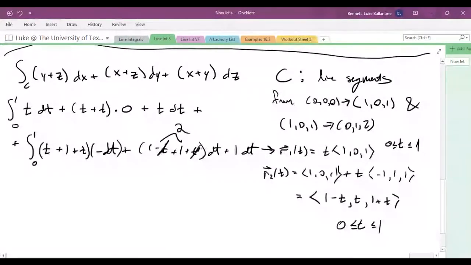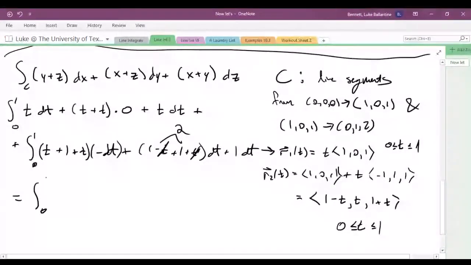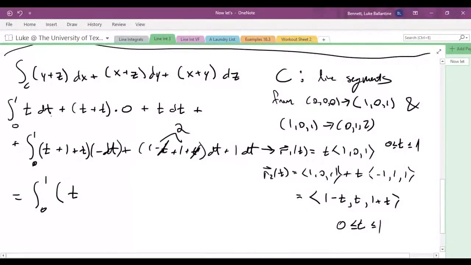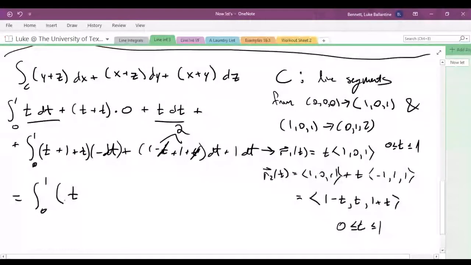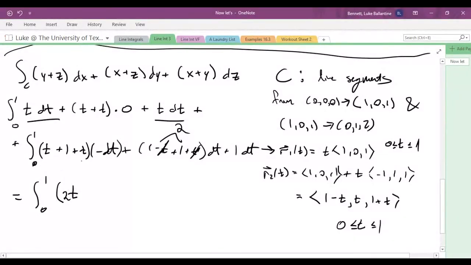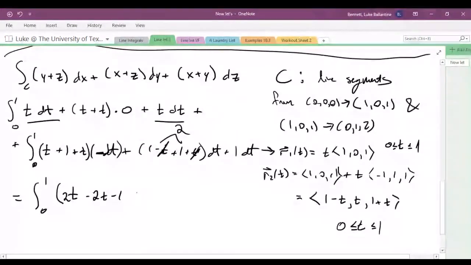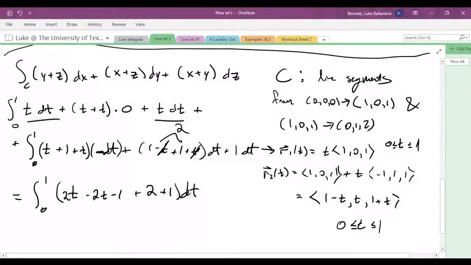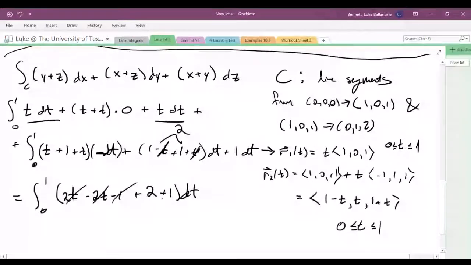This is actually 2 dt. We have the same bounds on both of them, so we can proceed as one integral. So then we have t plus t, that's 2t. And then we have minus, this is a minus right here, so we're going to pull out the dx, minus 2t, minus 1, plus 2, plus 1, dt. Okay, these cancel. Integral of 2 dt is 2t, evaluated from 0 to 1 is 2.